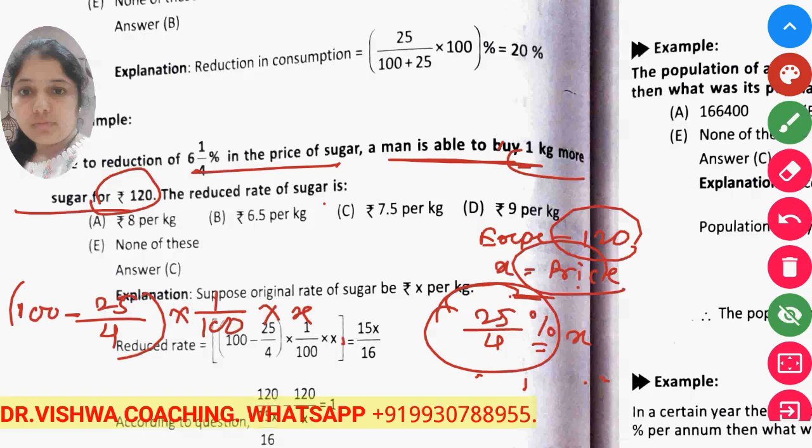So we got the reduced rate, which is 15x upon 16.